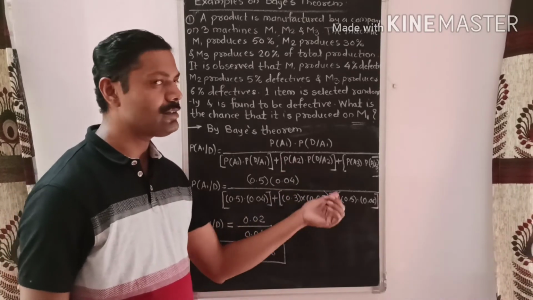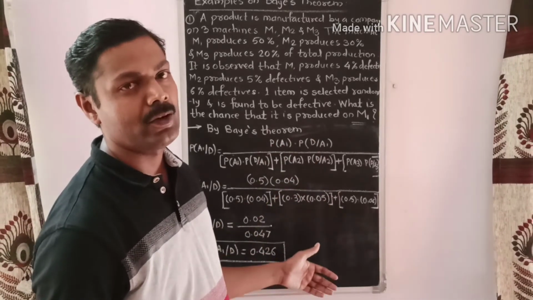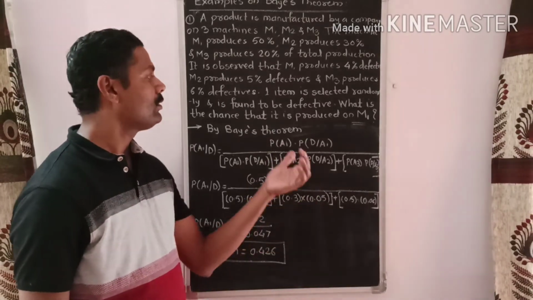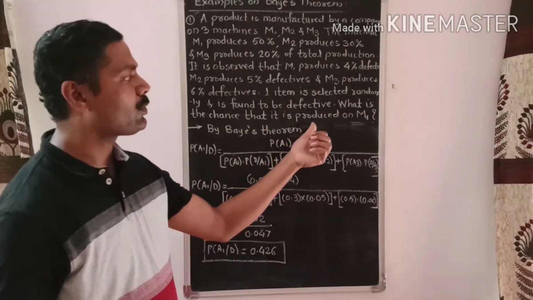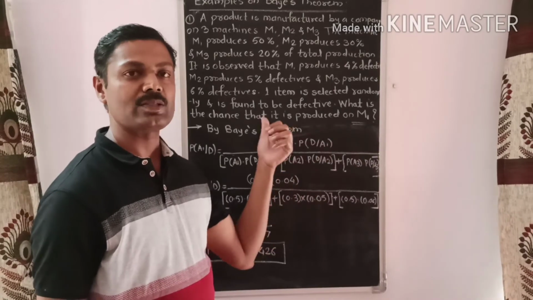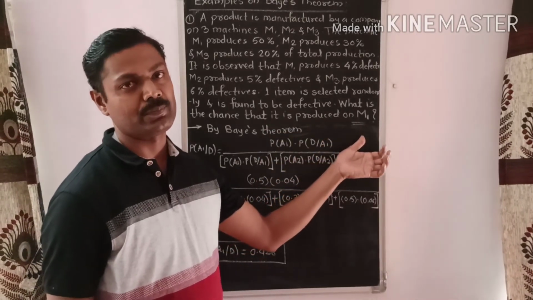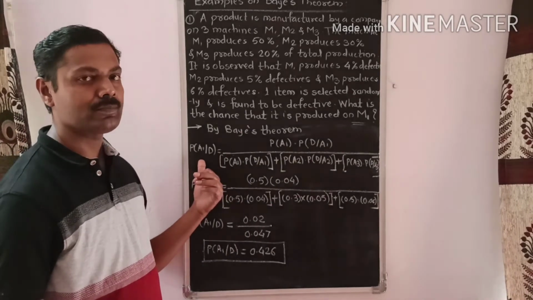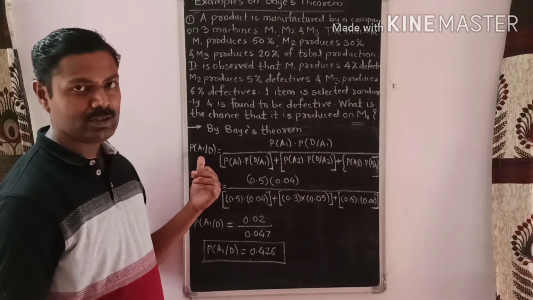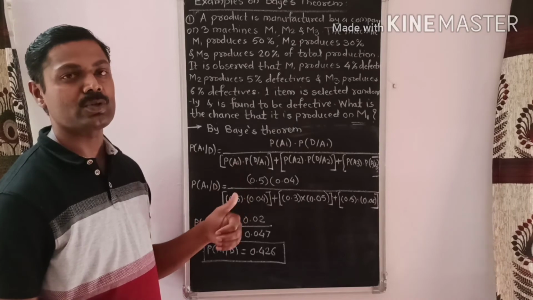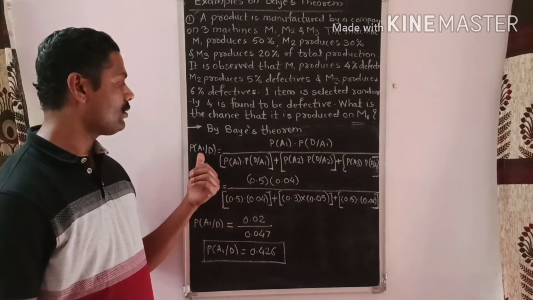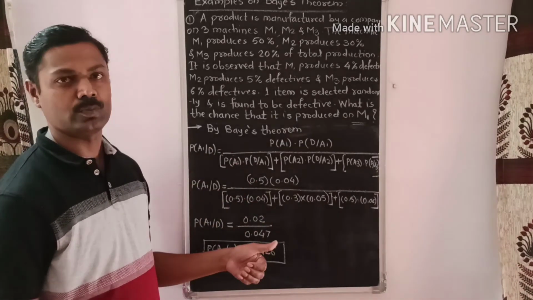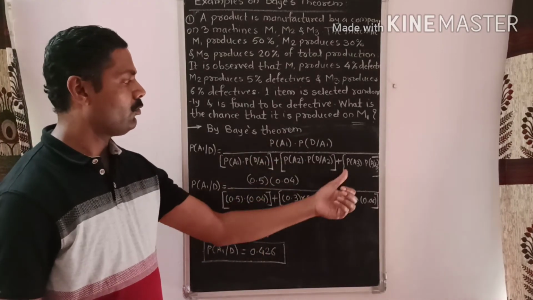In a similar way, we can calculate the chance that it is produced on machine M2 or on machine M3. You just have to change the formula. Suppose you are going to find that it is produced on M2, just replace A1 by A2 in the whole formula.